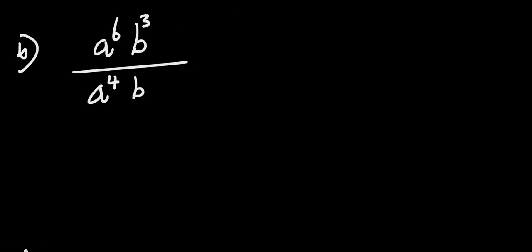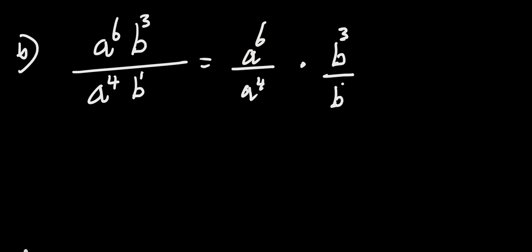Question B, we have a exponent 6 times b exponent 3 over a exponent 4 times b exponent 1. So first of all, you can split them into a exponent 6 over a exponent 4 times, let's use a dot multiplication this time, b exponent 3 over b exponent 1.